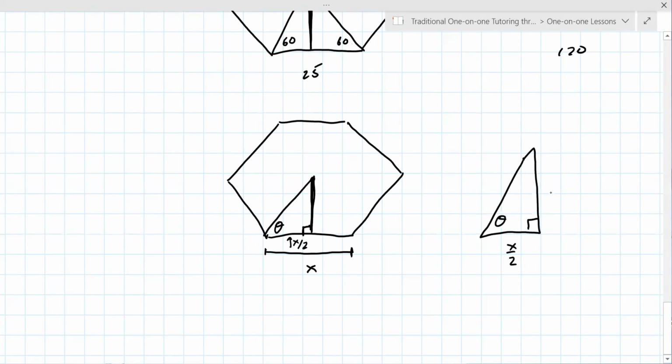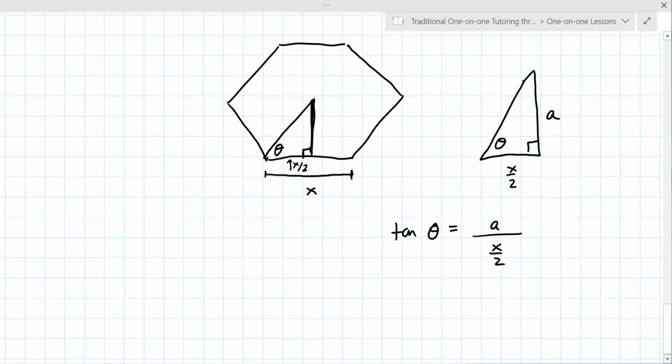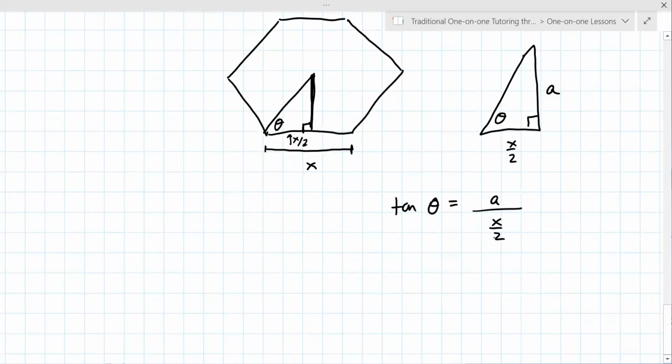And we really want what's called the apothem. So the tangent of theta equals opposite over adjacent, right? Yes. To undo this, you multiply both sides by x over 2. So the apothem is always x over 2 tangent of theta.